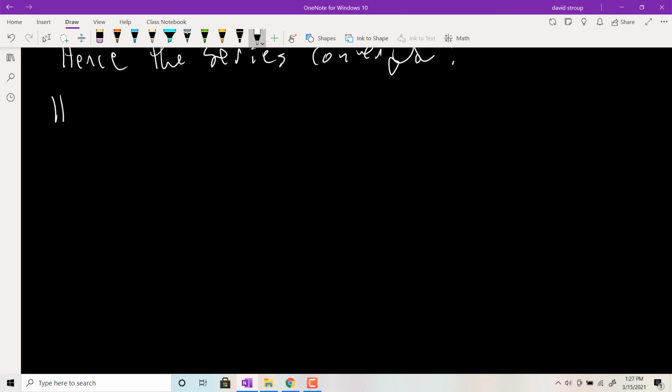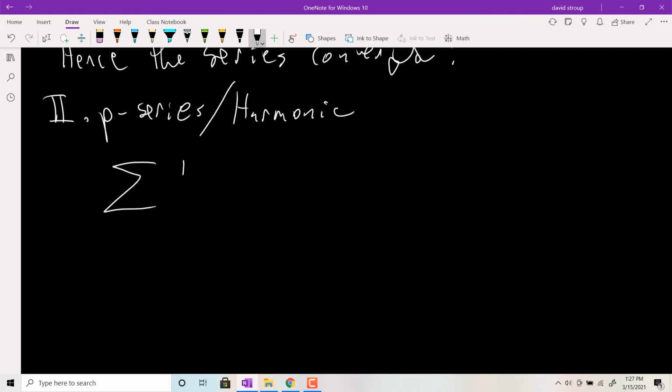Okay, so anyways, section 2 then is on the p-series and the harmonic series. And these have the form, the sum of 1 all over n to the pth power from n equals 1 to infinity.